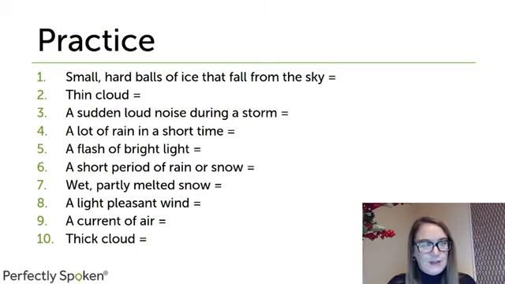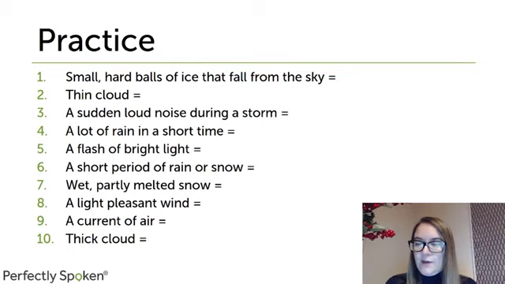Can you remember? So number 1, small hard balls of ice that fall from the sky are. Number 2, thin cloud. Number 3, a sudden loud noise during a storm. Number 4, a lot of rain in a short time.